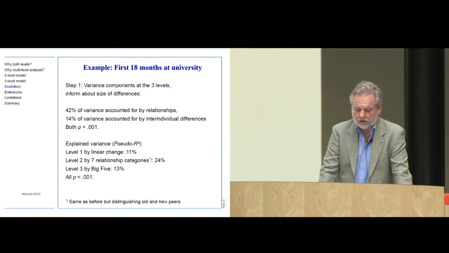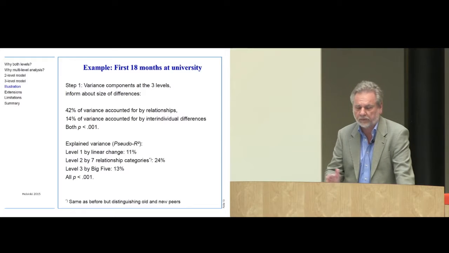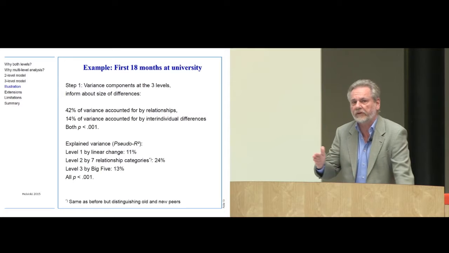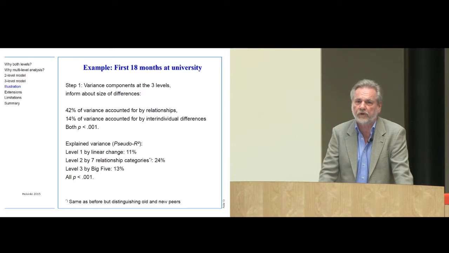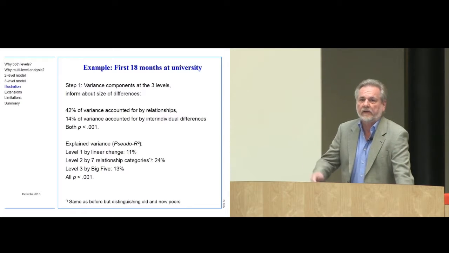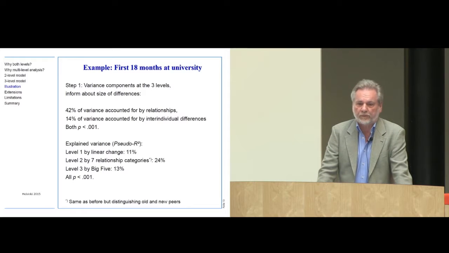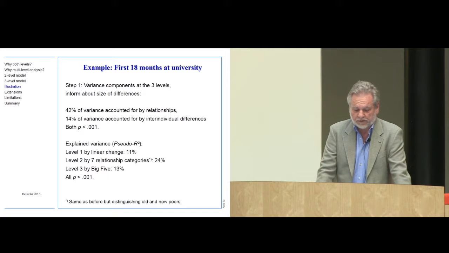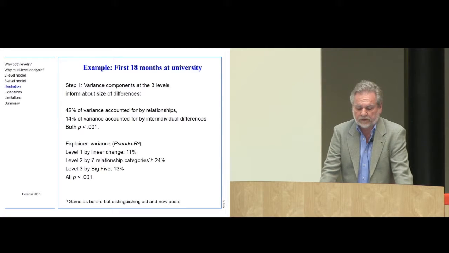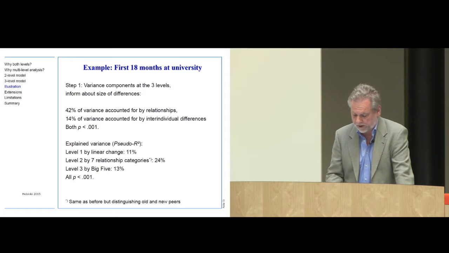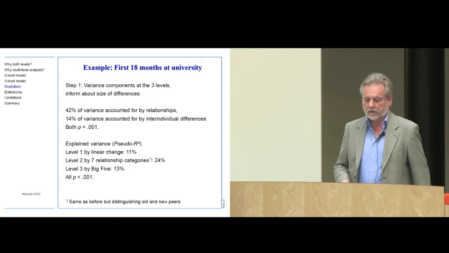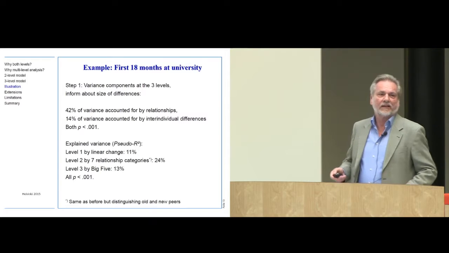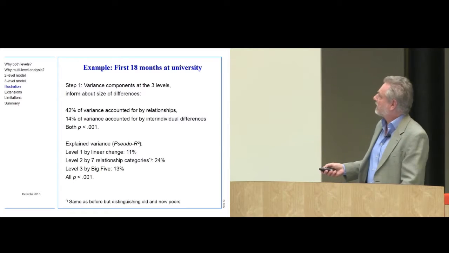The 7 relationship categories, now it's 1 more because we distinguished between old peers that existed as a relationship before the entrance of university and new peers that were relationships formed after beginning university, 24%, and then the big 5 at this level 3 explain 13% more. They were all significant, so there is music at every level, so to speak.